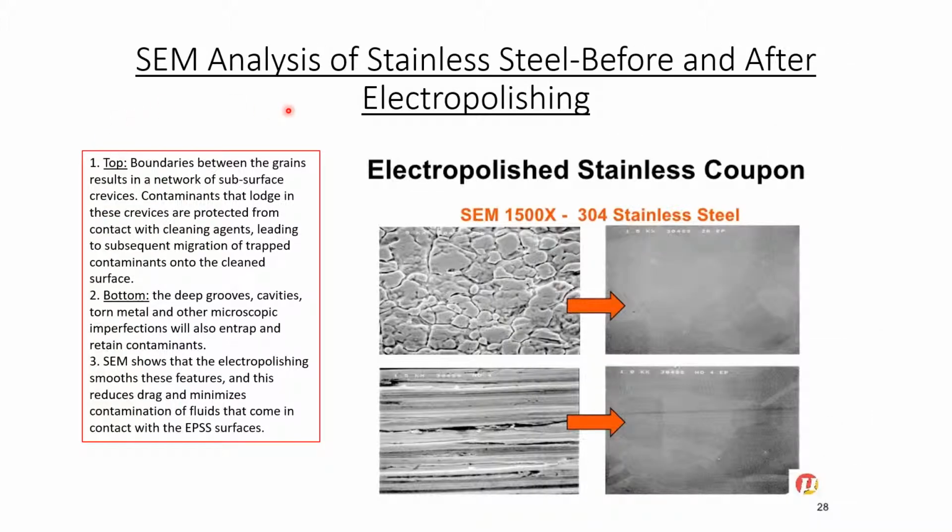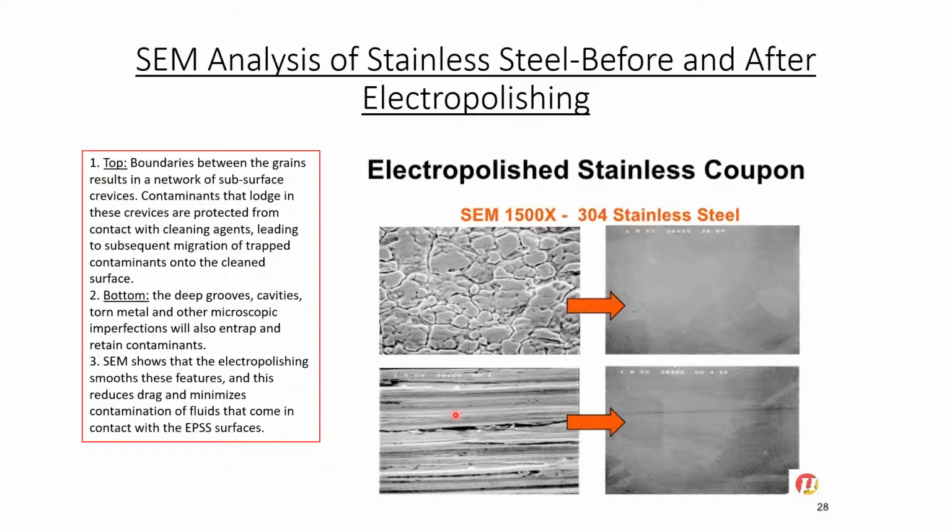SEM analysis is also performed on the electropolished surfaces. As we see here, boundaries between the grains result in a network of subsurface crevices before electropolishing. Contaminants that lodge in these crevices are protected from contact with cleaning agents, leading to subsequent migration of trapped contaminants onto the clean surface.